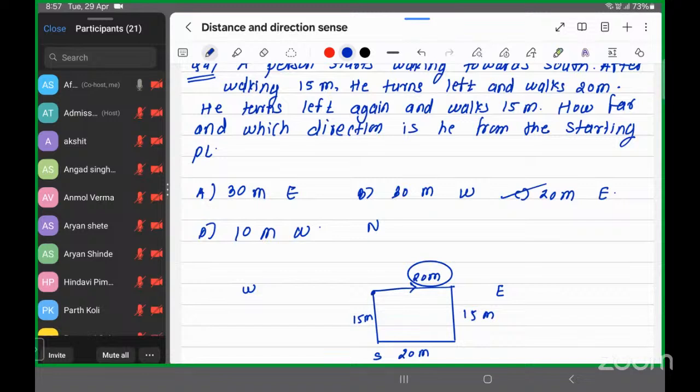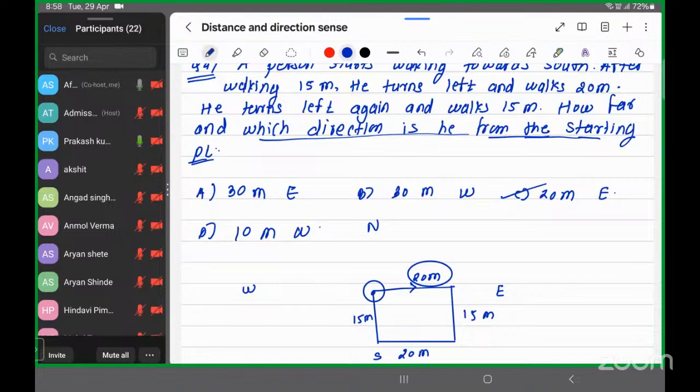Sir, but the direction will be north. No, no, no. It is asking the direction from the starting point, na? See na. How far and which direction is he from the starting point? It is not asking about which way he is facing at the end.